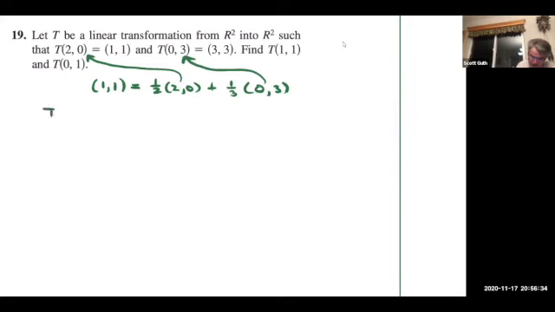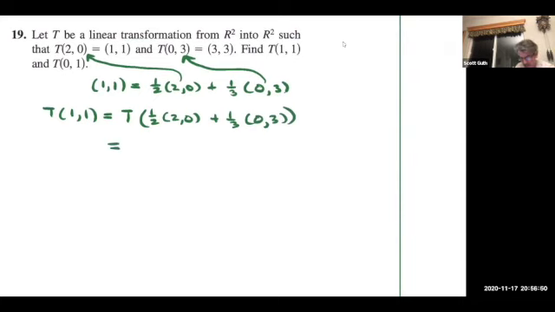So when I do t of 1, 1, this would be t of a half of 2, 0 plus a third of 0, 3. And the way linear transformations work is that they sort of distribute.